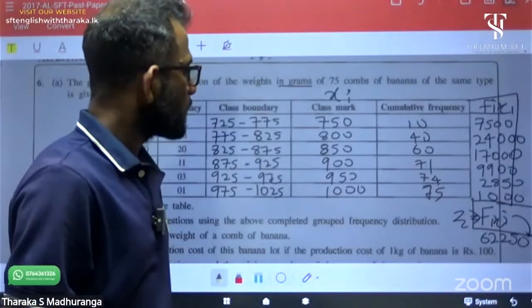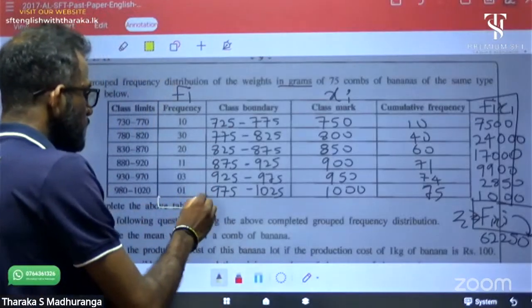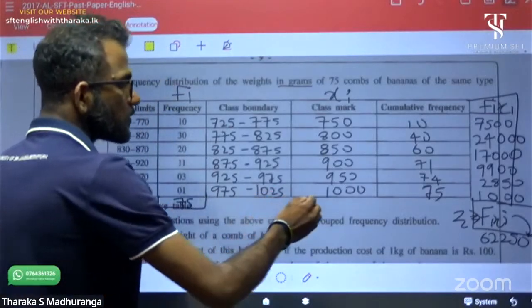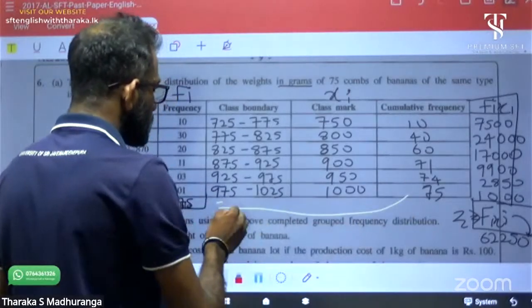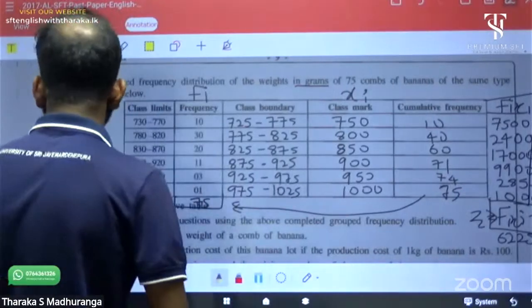Correct, right? Okay. Now the frequency given is 75, and in the cumulative frequency the last value is also 75. Then you can get the mean.